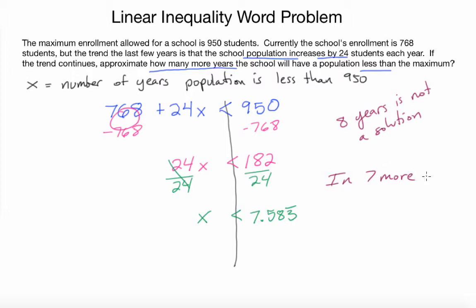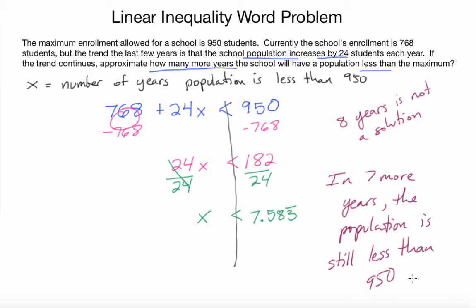Anyways, in 7 more years, the population is still less than 950 students. There we go. We just answered that question. In 8 years, on that 8th year, I've got to figure something out because we'll have too many students. So for the next 7 years, the population will be less than 950 students.